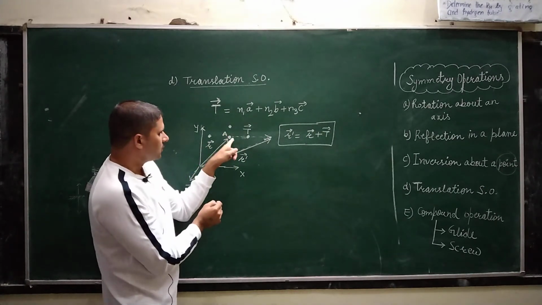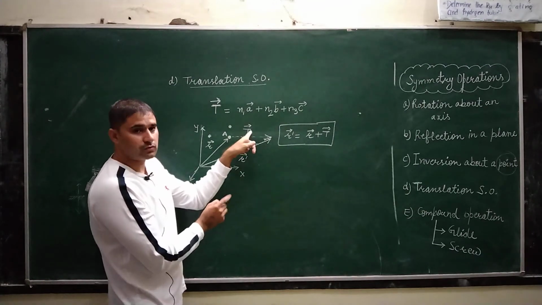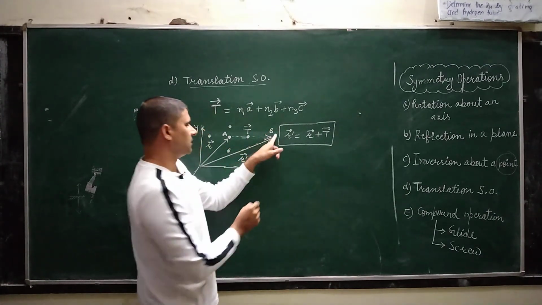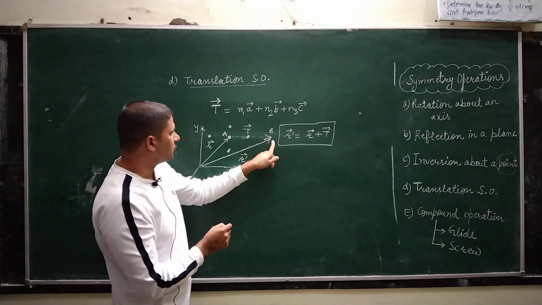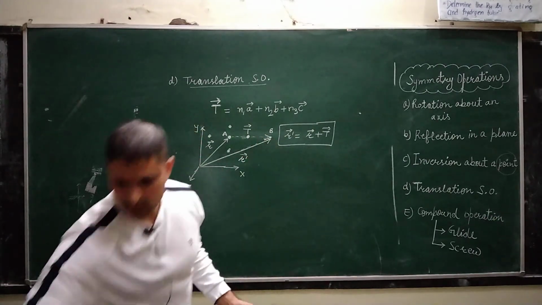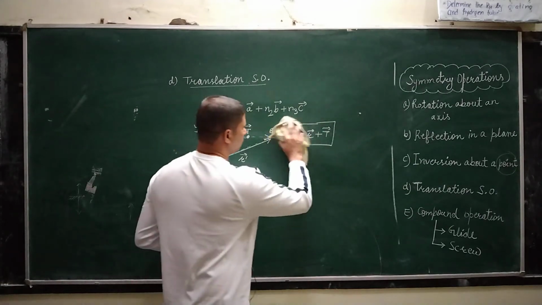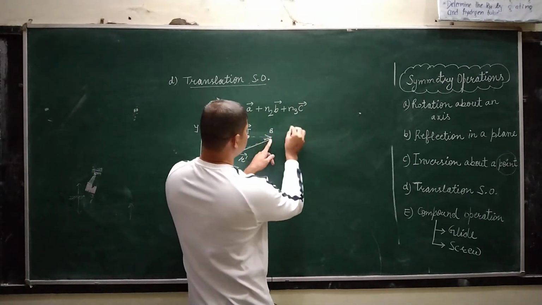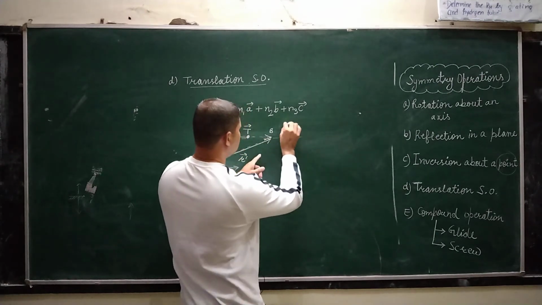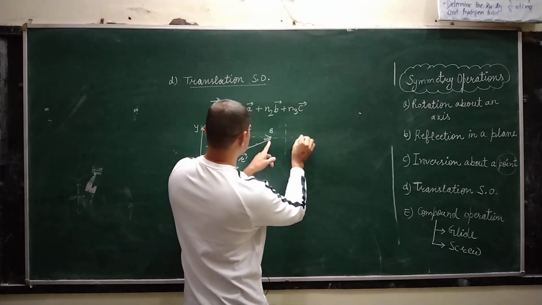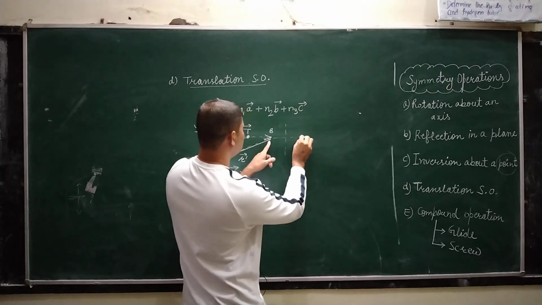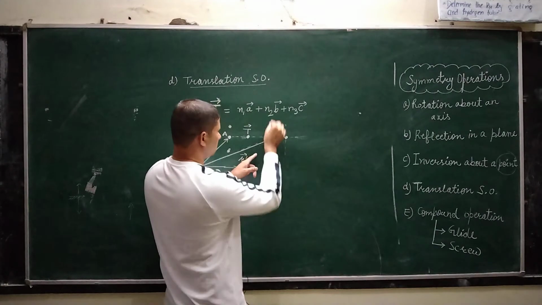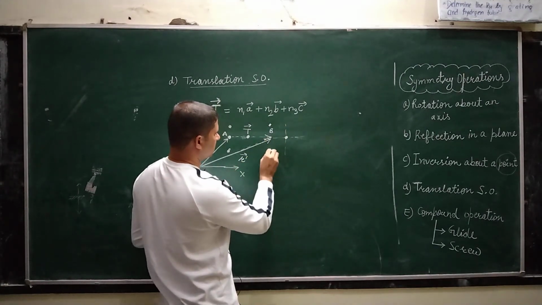If you make use of this translation vector and move to another point, let this point be B, the same kind of arrangement you will obtain in the surrounding of B. Here also the arrangement of particles will be like this. A particle will be here, one particle in this direction and another here.